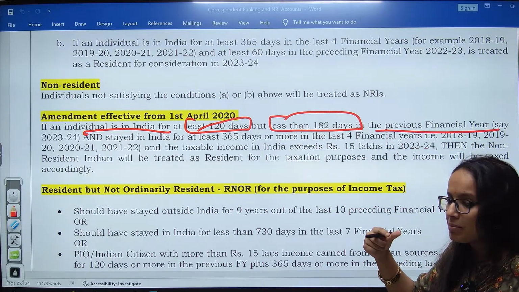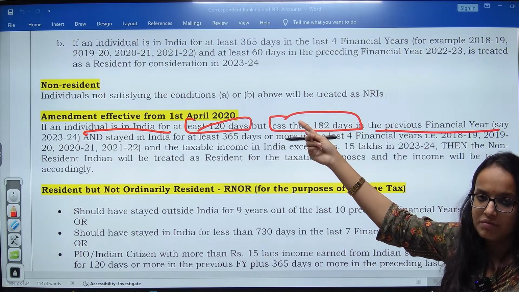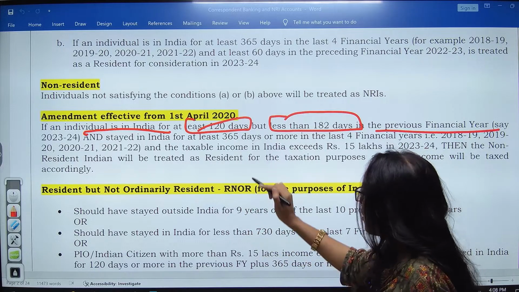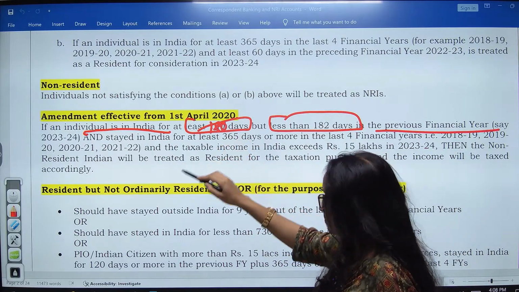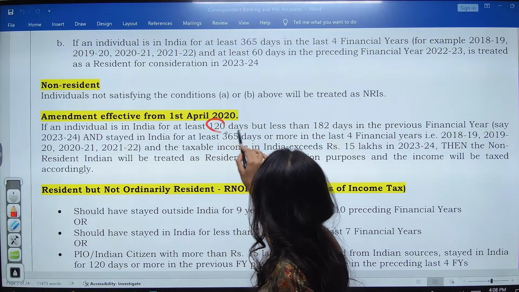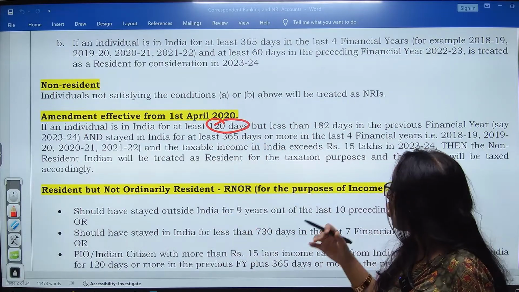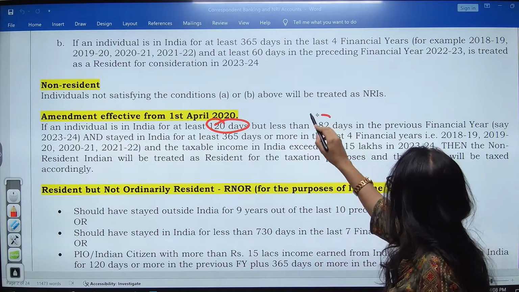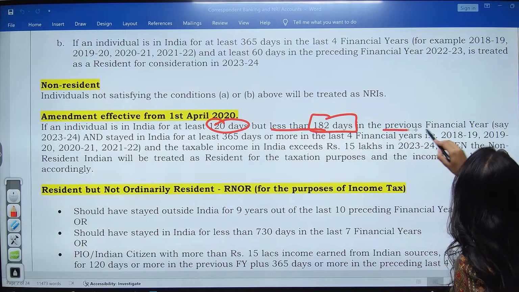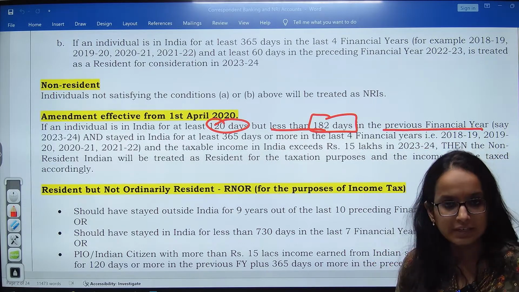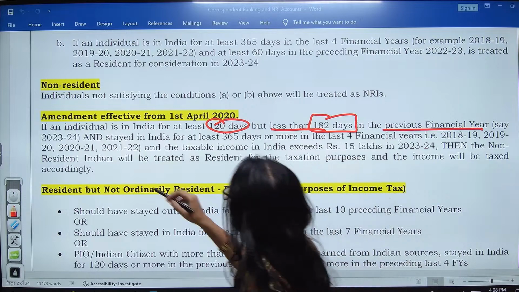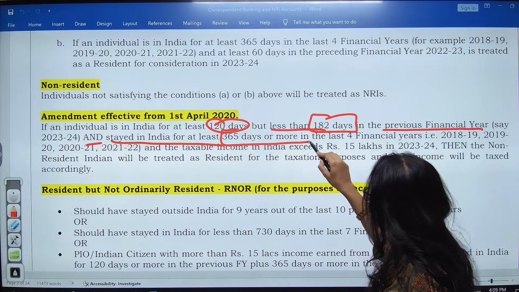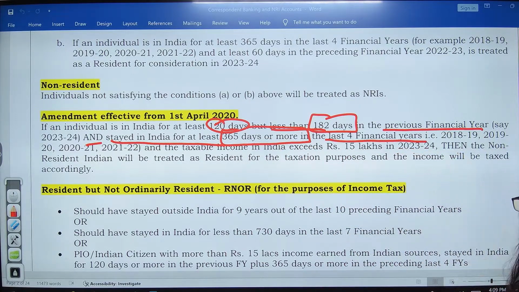So there was an amendment done to the provisions mentioned above, which we have discussed. What did the amendment say? If an individual is residing in India for at least 120 days, but less than 182 days in the previous financial year, which just preceded, right, and stayed in India for at least 365 days or more in the last 4 financial years.